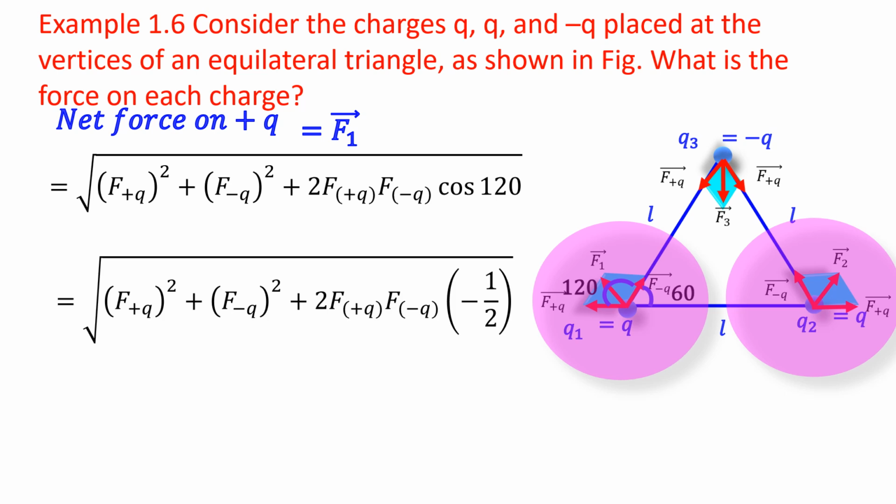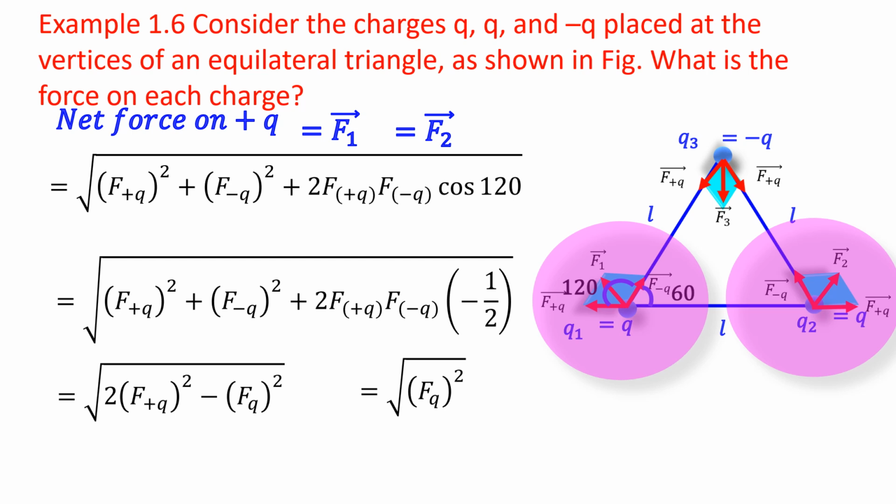So the resultant magnitude is equal to the square root of 2FQ square minus FQ square, which is the square root of FQ square. Taking the square root of FQ square, we get FQ. So the net force on the charge plus Q is equal to FQ.